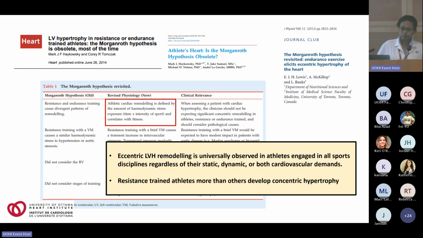But several papers in recent years have concluded that the development of an endurance trained heart and a strength trained heart should not be considered an absolute concept. It's true that more concentric hypertrophy is seen in resistance athletes, but eccentric LVH is universally observed among all the sport disciplines. So we've seen some endurance athletes develop concentric and vice versa. So this is not black and white as we've been told to believe.